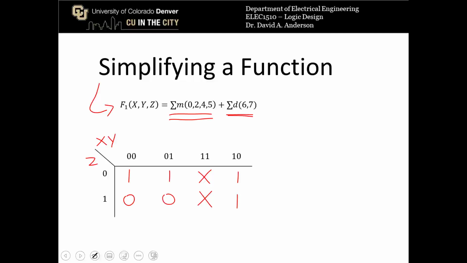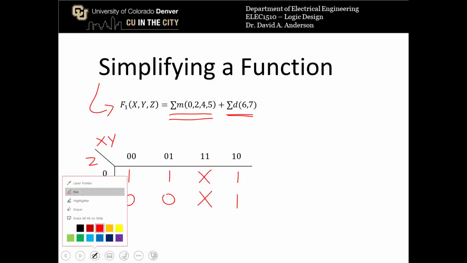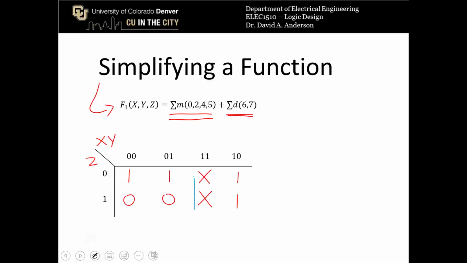Now we can circle bubbles in the K-map in order to come up with an optimized expression. There's a large bubble here that has both 1s and x's in it. Again, you want to make the bubble as large as possible without circling any 0s, which means that you can circle 1s and x's. You don't have to circle all of the x's in the K-map, but you can use them to make your bubbles of 1s as big as possible.